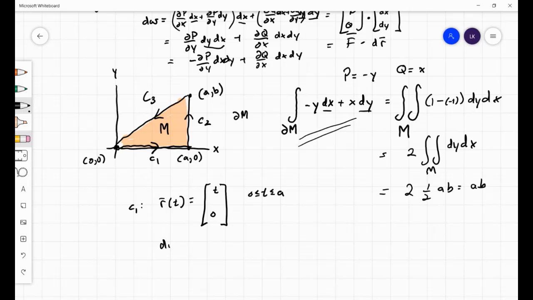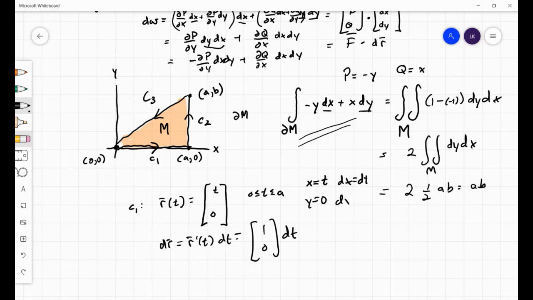Okay. So dr, let me just write it that way, which is r prime dt. It maybe would have been easier if I said x equals t and y equals 0, therefore dx equals dt and dy equals 0.